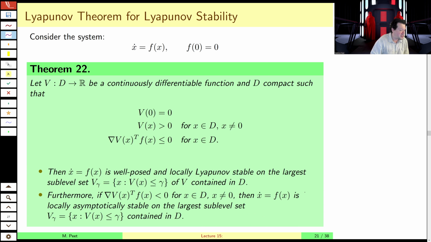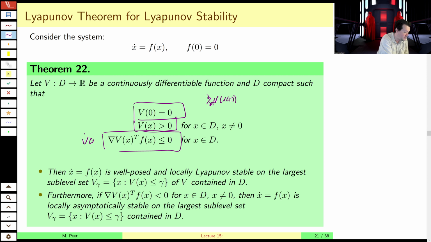Well, okay, let's go through the basic theorem. So we have a Lyapunov function which is 0 at the origin and positive everywhere. And here I should mention what V dot, d/dt of V of x of t, is. We just apply the chain rule, and that's where we get this term right here. What's the derivative of V with respect to x?